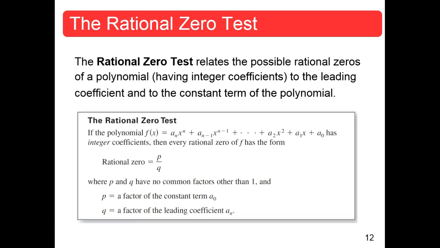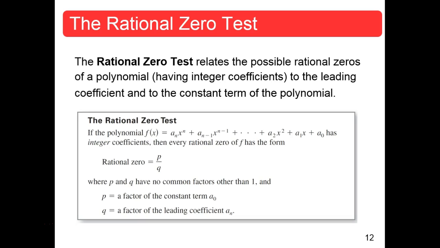It relates to the possible rational zeros of a polynomial having integral coefficients. That's the key here. If you have integral coefficients, you can use the rational zeros test. So far, I don't think we've had any polynomials with decimal or fractional coefficients. Maybe we've had a couple of fractional coefficients. But for the rational zeros test to work, these have to be integral coefficients. And most of them have been.